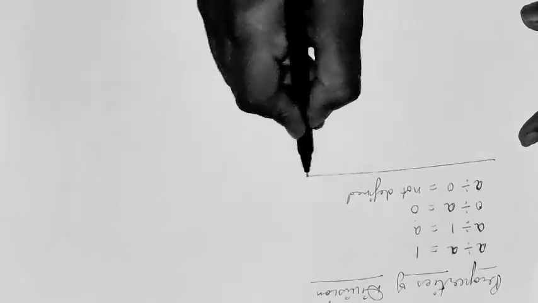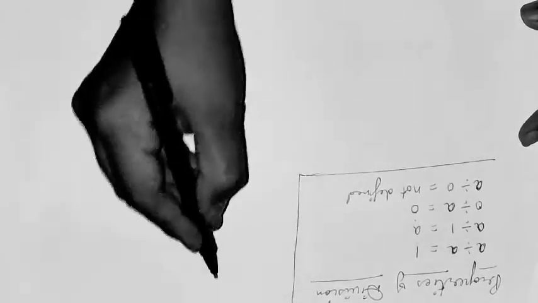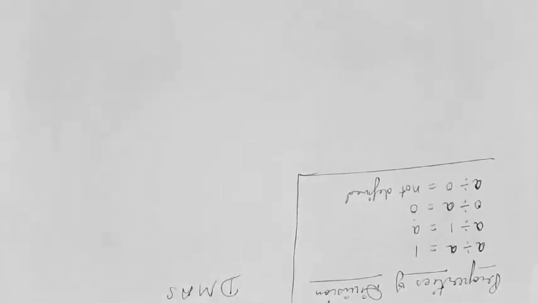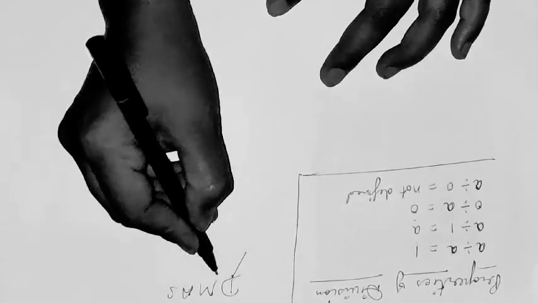Now I am going to take the questions based on the property called DMAS. This is the short form of BODMAS. I am not taking the BODMAS property right now. I am just taking the properties stepwise. So first we will take only this much rule.